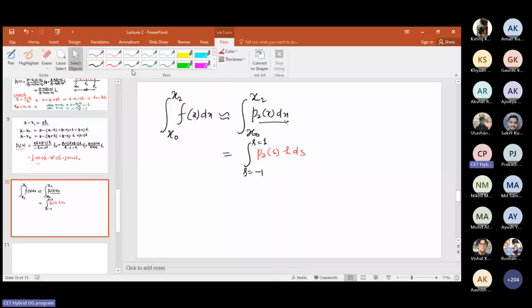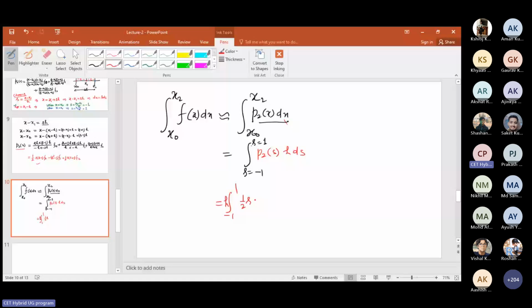Eventually what you will get is this integration from minus 1 to 1. p2s is 1 by 2. h is common actually, so h you can write outside. 1 by 2 s into s minus 1, s into s minus 1.